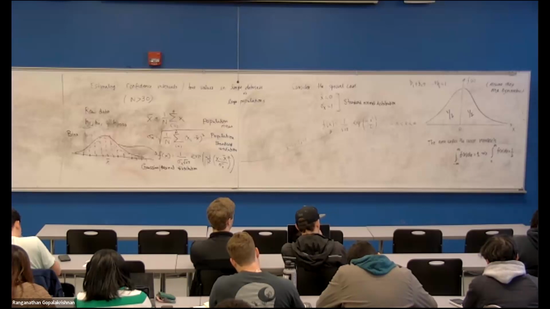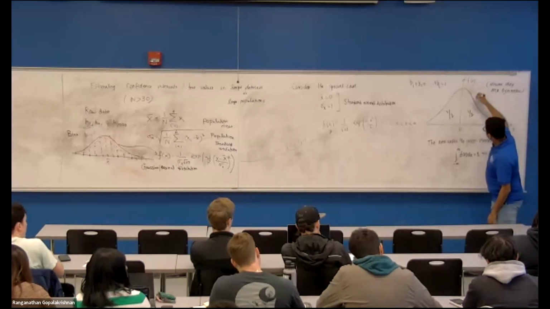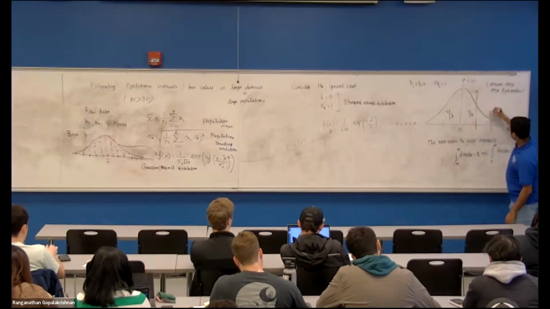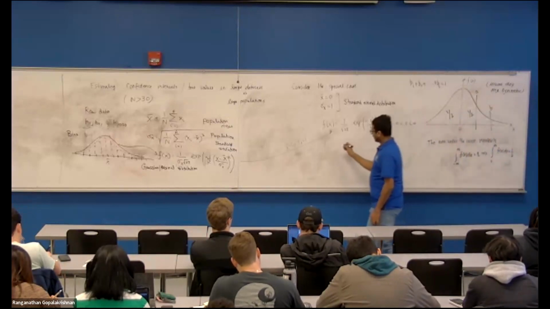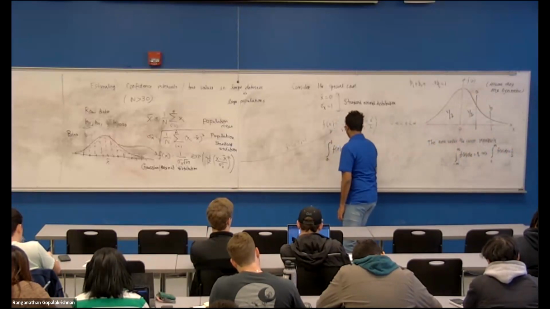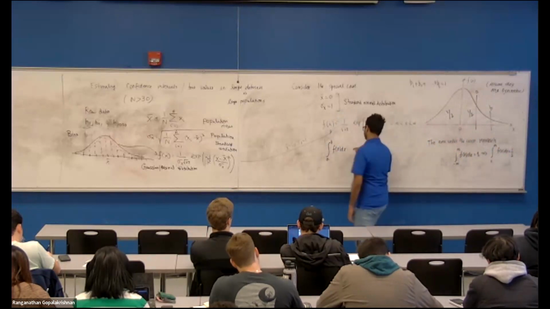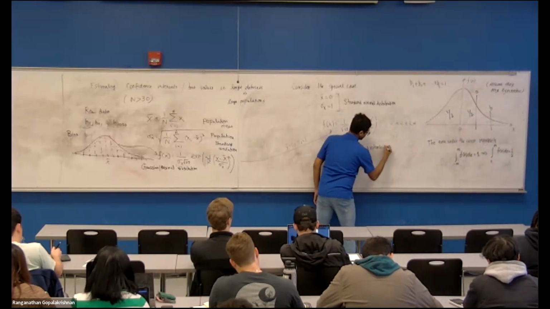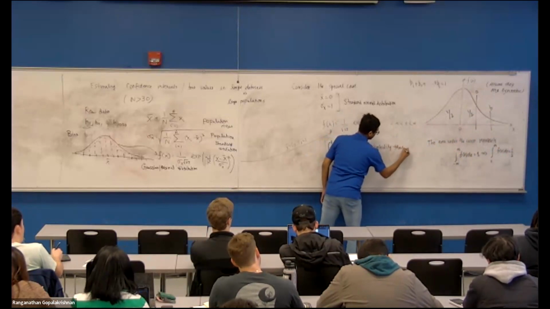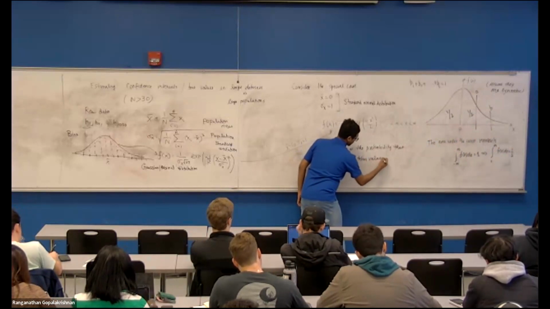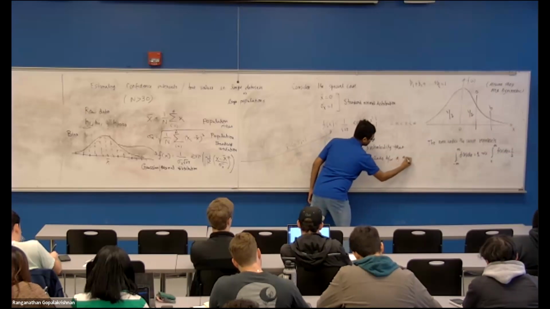Now, if I think about any two values, say a and b, the integral from a to b of f of x dx is the probability that x takes values between a and b.